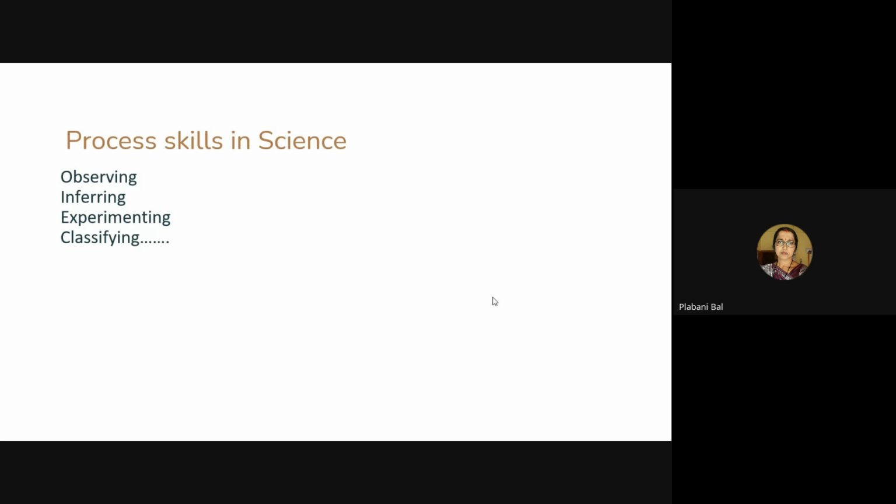So these are some of the process skills which need to be addressed in the science class. Okay, so in the assessment also, process skills need to be assessed properly. Suppose your process skill is experimenting or collecting data, then how will you assess this experimentation skill, whether the skill is developed among the students or not?